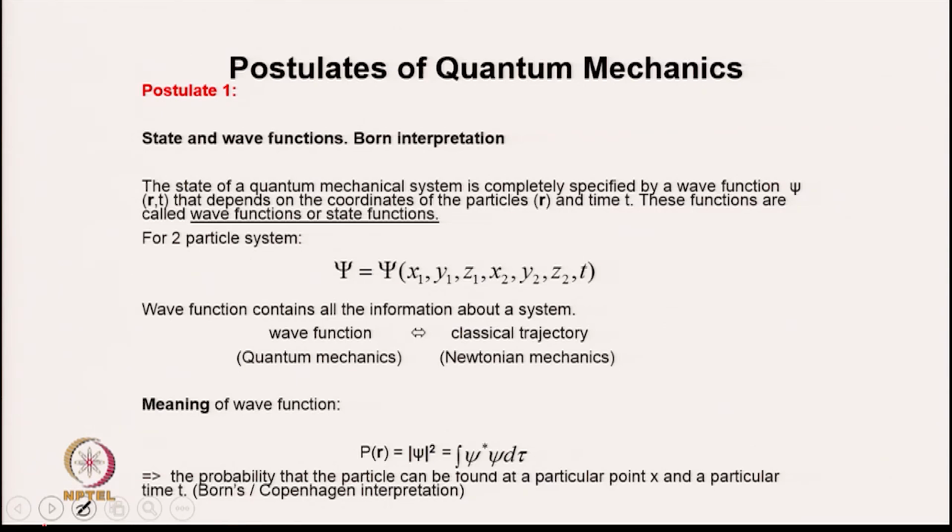For a two particle system, the wave function will be a function of the position of the first particle, the position of the second particle and time, so a function of x1, y1, z1, x2, y2, z2 and time t. The wave function contains all the information about a system, and it is similar to the classical trajectory in Newtonian mechanics. The wave function tells you about the trajectory in quantum mechanics.